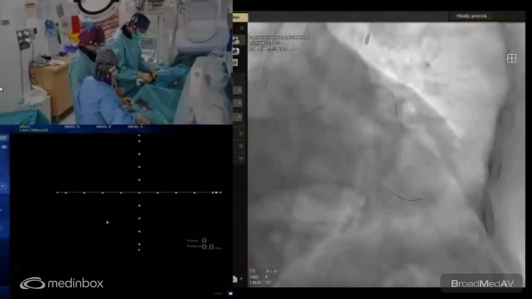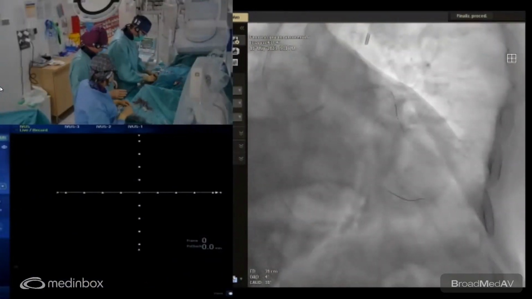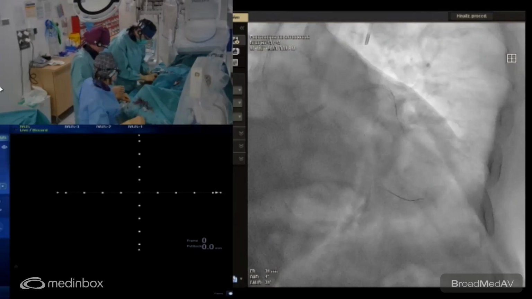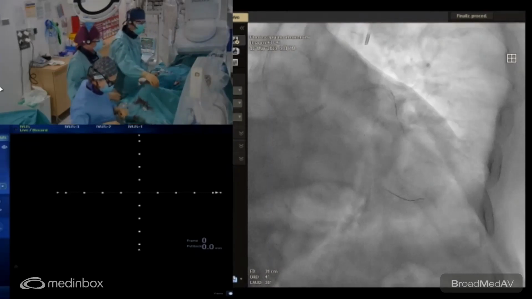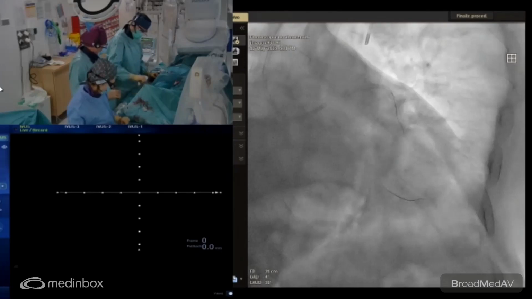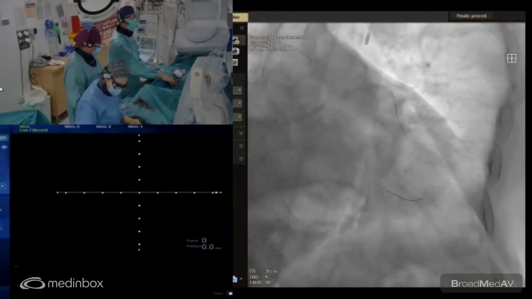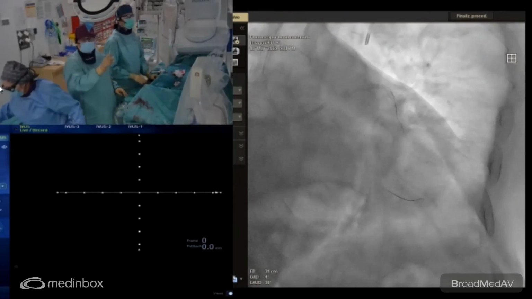I have maintained the wire in the LAD, not using it at the distal circ, because the IVUS is getting inside the circ very deeply, and we don't want to produce any dissection or anything there. So I'm using the wire in the LAD just as a security tool. Can I see the IVUS?